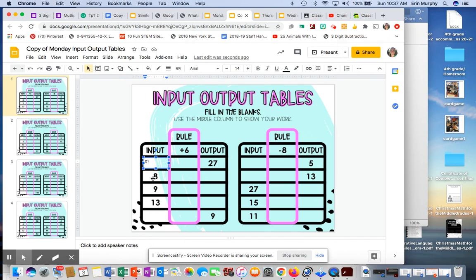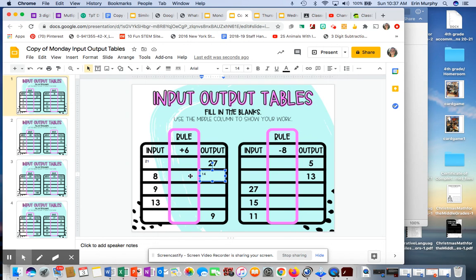This time we have the 8. You have the 8 as your input, so you put the 8 in, put it into your machine. The rule is plus 6, so 8 plus 6, I know, would be 14. Next, I have a 9. I put the 9 in first.